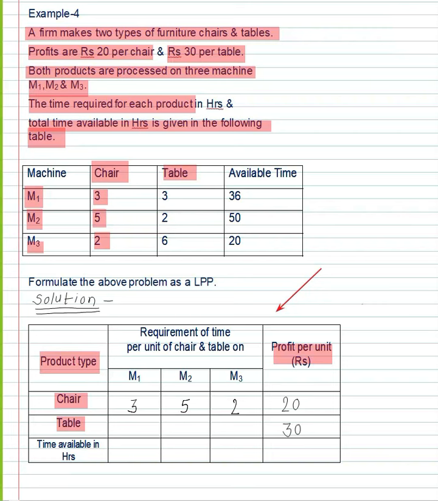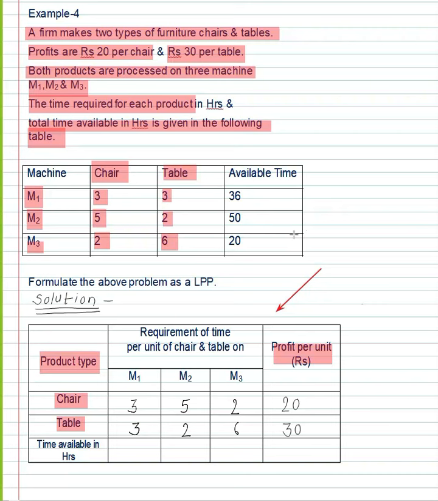Whereas each table requires 3 hours on machine M1, 2 hours on machine M2, 6 hours on machine M3.